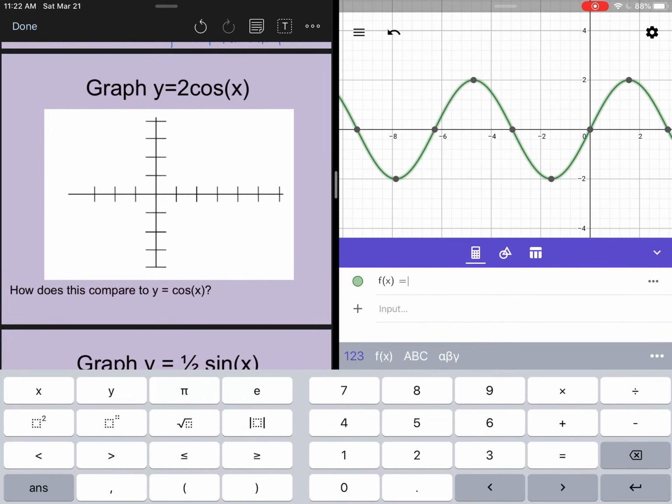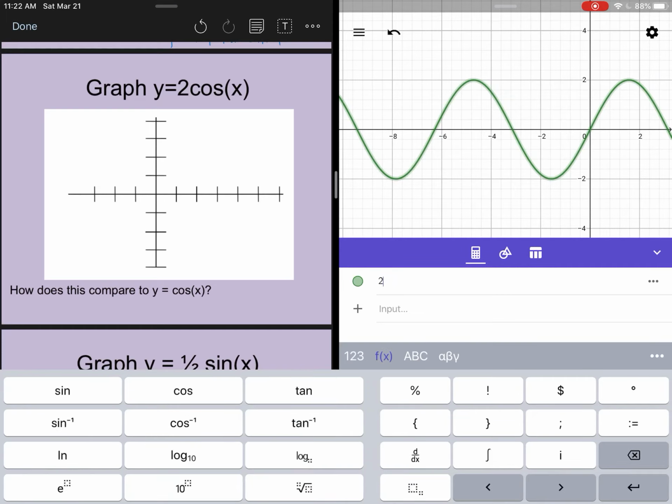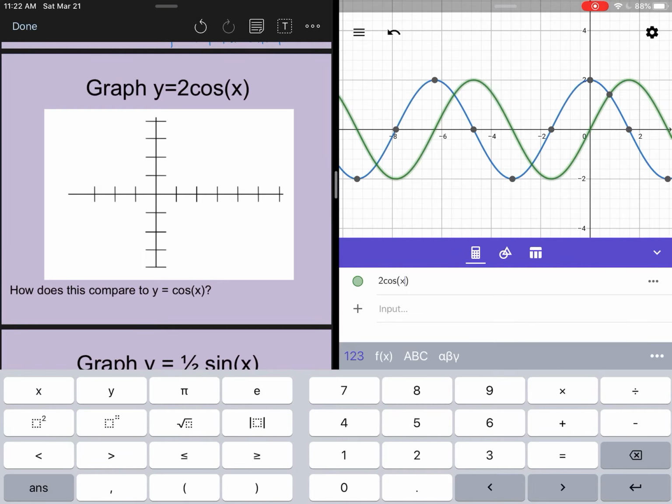We're going to do the same thing now for y equals 2 times the cosine of x. What do you think is going to happen to the graph of the original parent function? How do you think, before we do this, it's going to compare? Well, it should look the same, with the exception that instead of those y values being 1 and -1, they should be 2 and -2. So let's plug in 2 times the cosine of x.